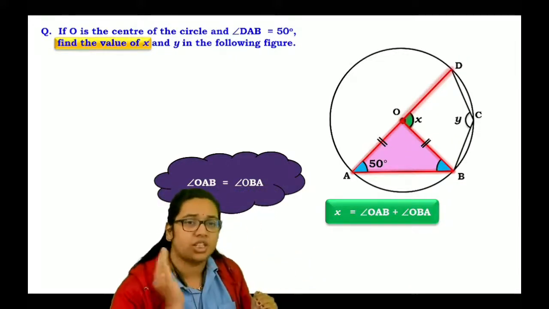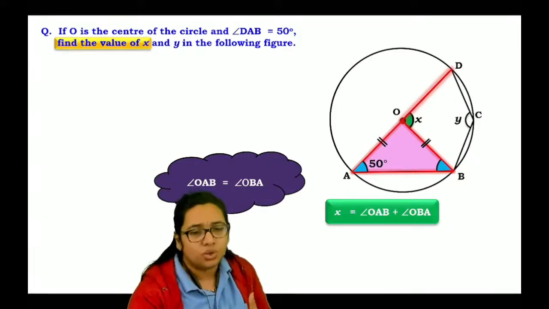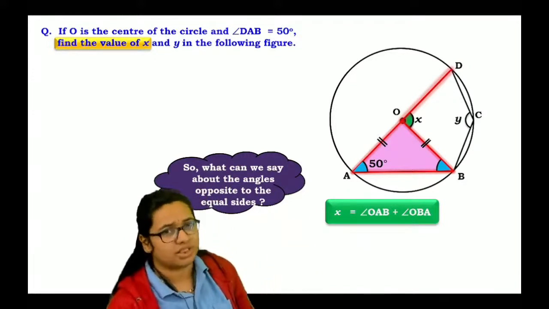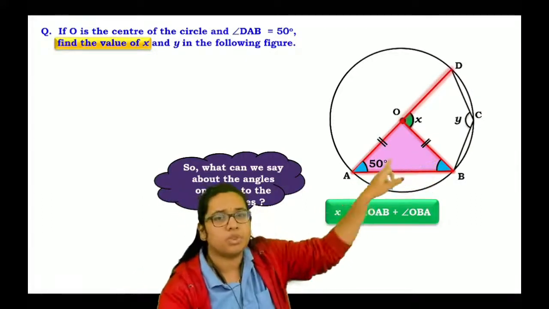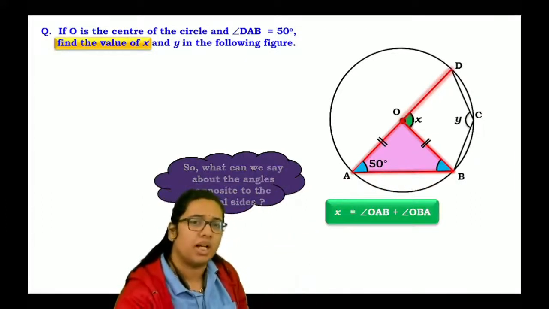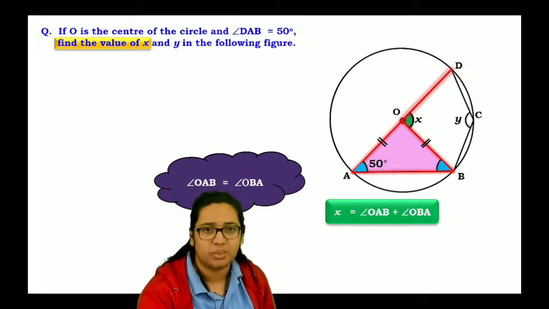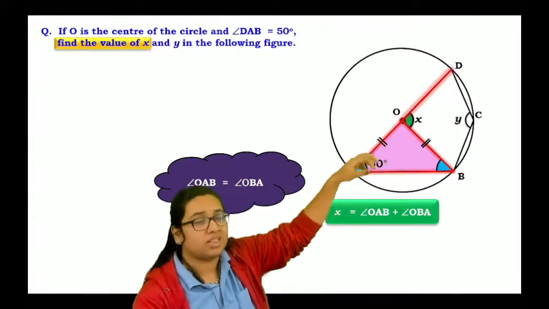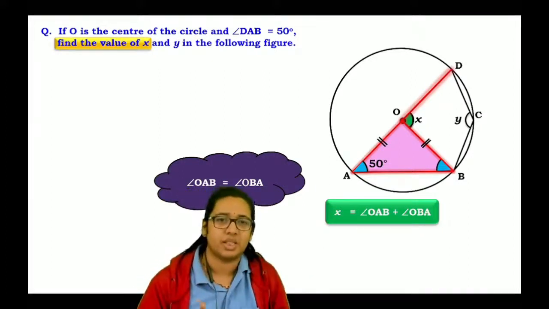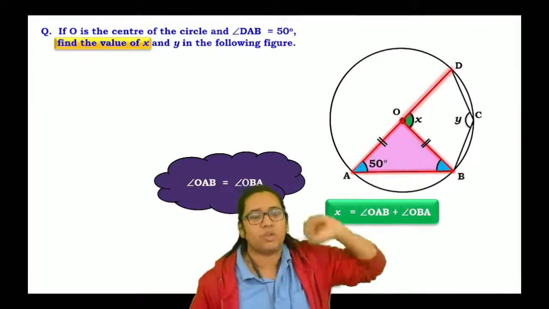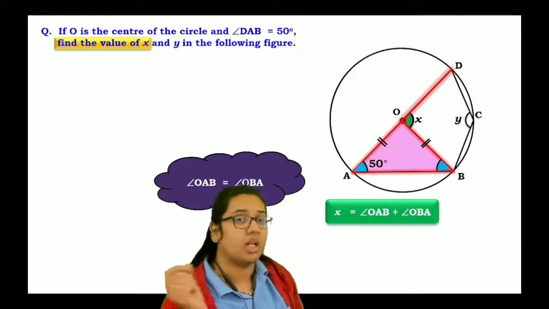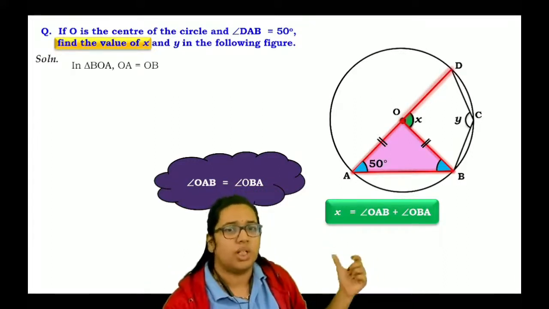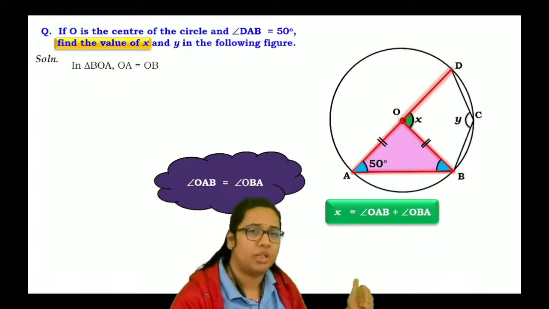If we have such a triangle, then we know that angles opposite to equal sides are equal in measure. As OA equals OB, because they are radii of the same circle, therefore their opposite angles will also be equal in measure. So angles OAB and OBA will be equal.